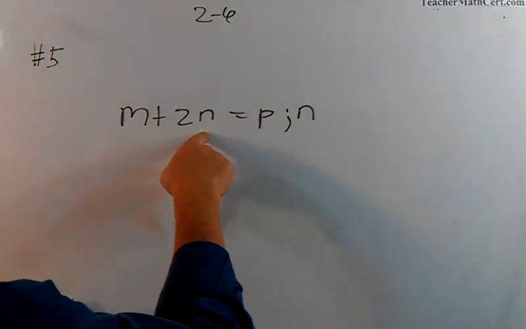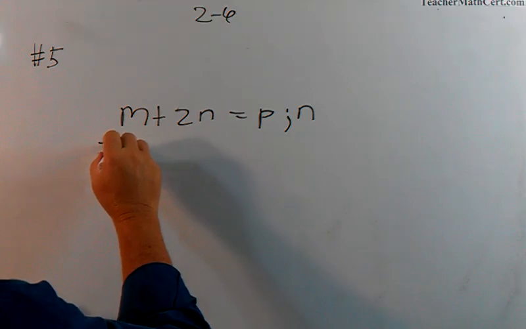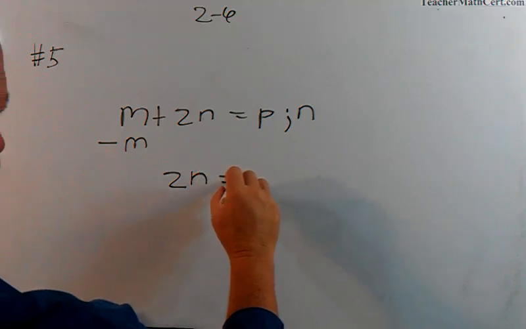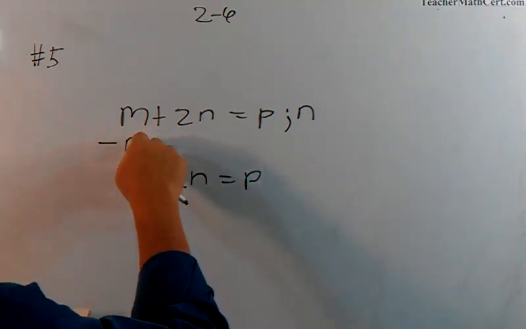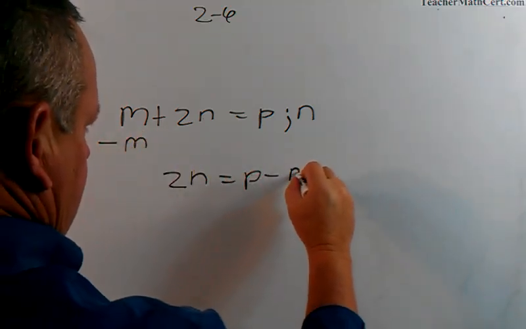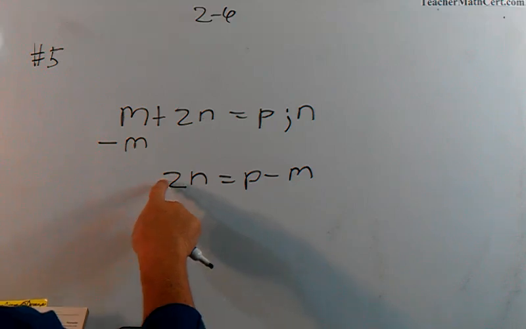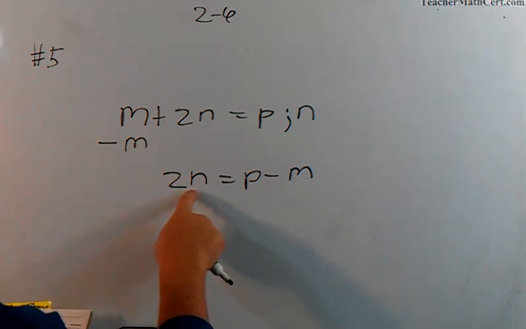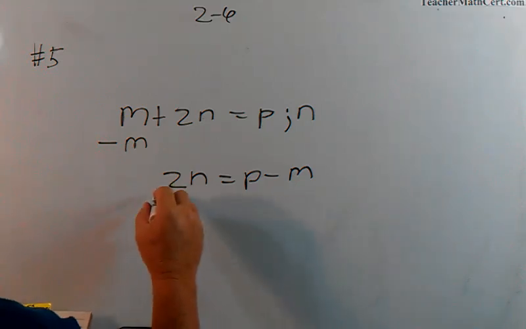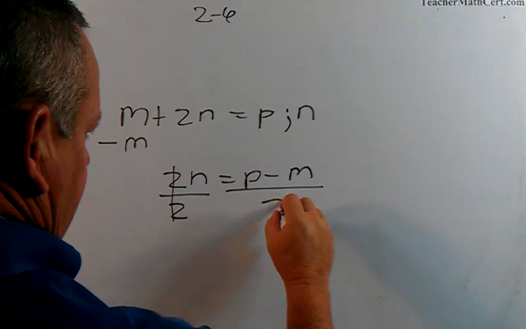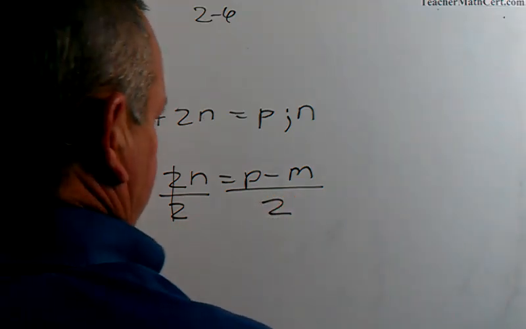We need to get n by itself on the left-hand side, so we're going to subtract m here. We're left with 2n is equal to p. What did we do on this side? We subtracted an m. We need to get n by itself, so how do we do that? We need to make this coefficient in front of the n a 1. How do we do that? Divide by 2. Divide this whole side by 2, as I stated before.